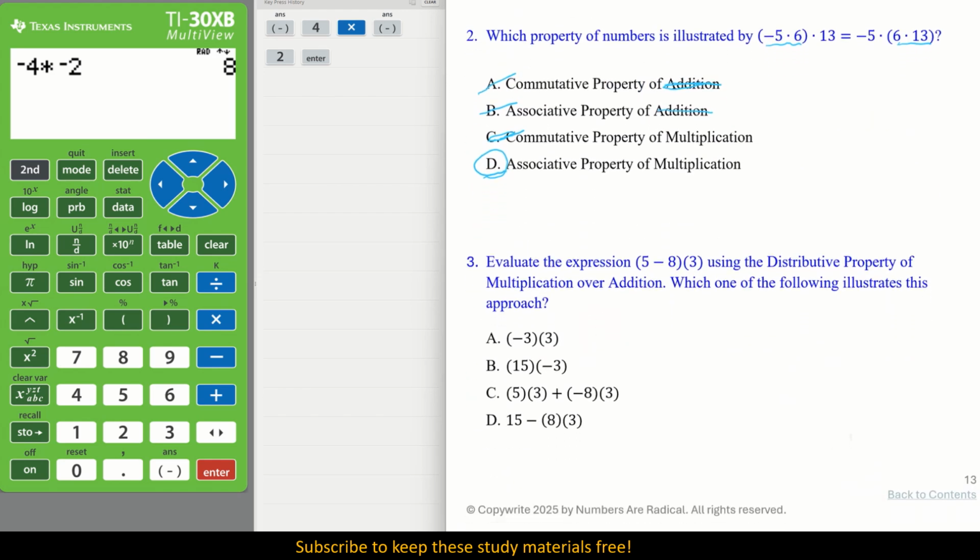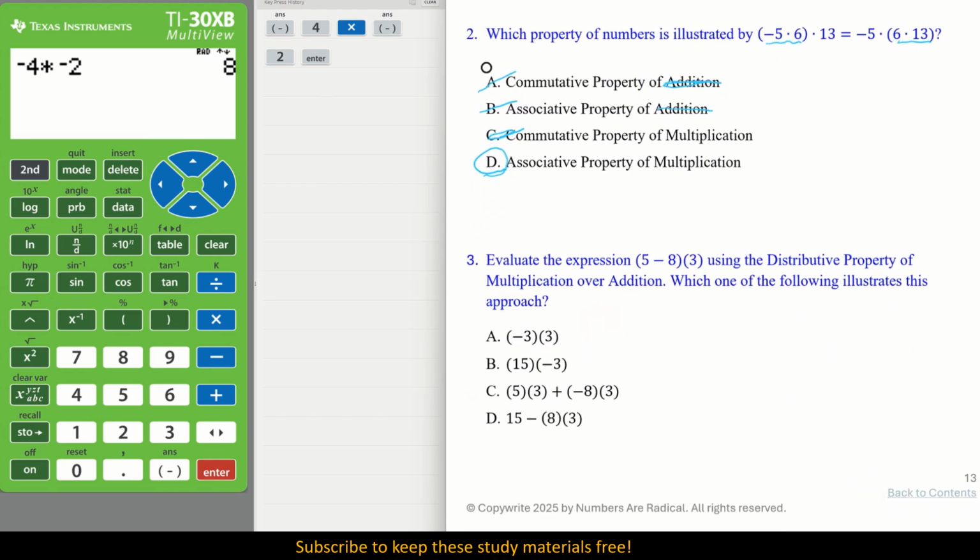Number 3 says evaluate the expression 5 minus 8 times 3 using the distributive property of multiplication over addition. Now note, when they say addition, that also implies subtracting, because subtracting could be written like this.